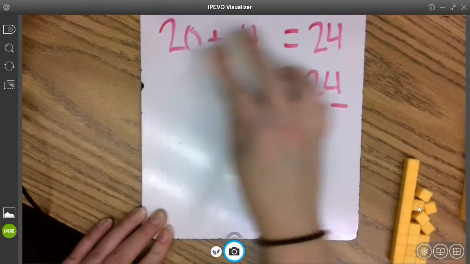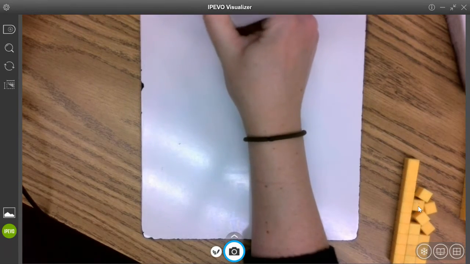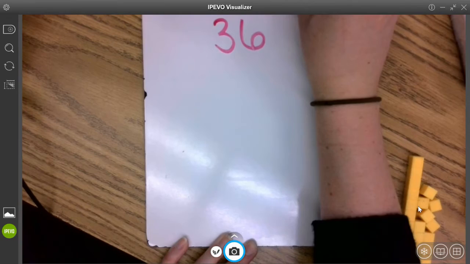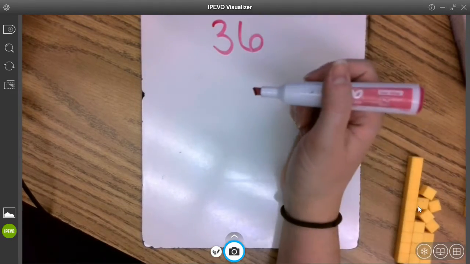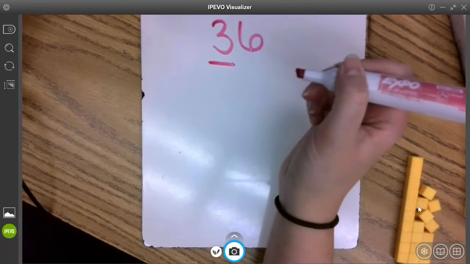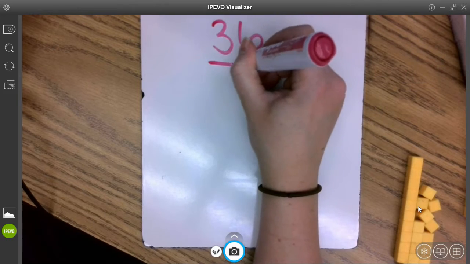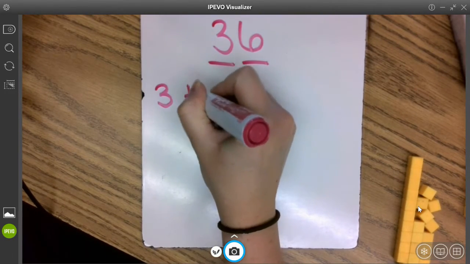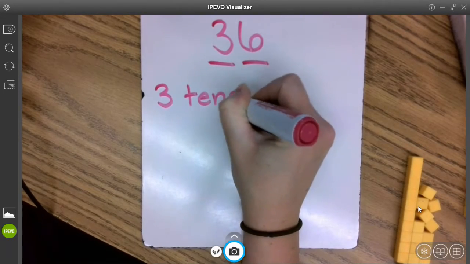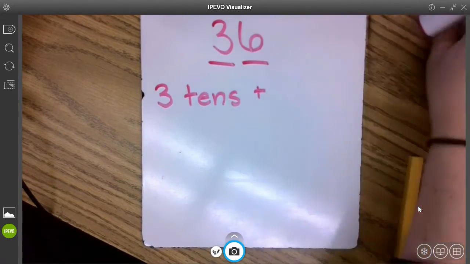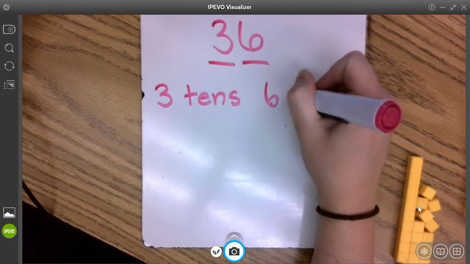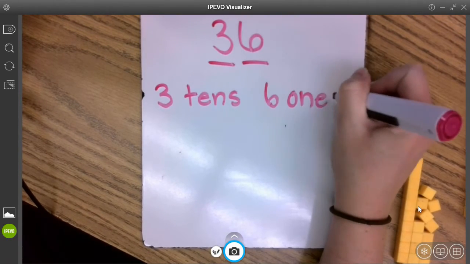If I have the number 36, okay, first of all, let's think, what does 36 mean? 3 groups of 10 and 6 1s. So I'm going to write that down first. 3 10s and 6 1s.